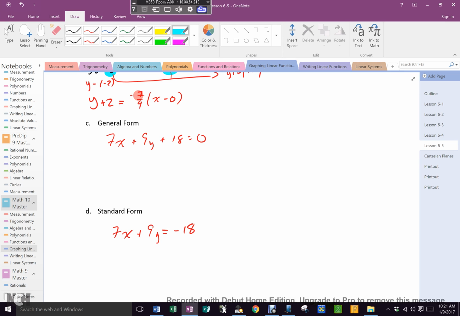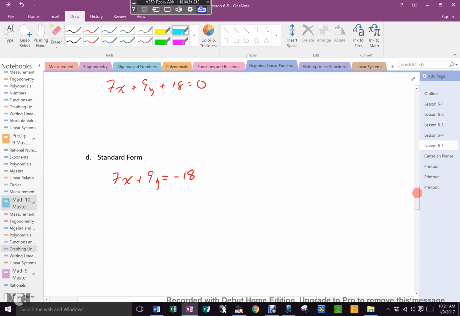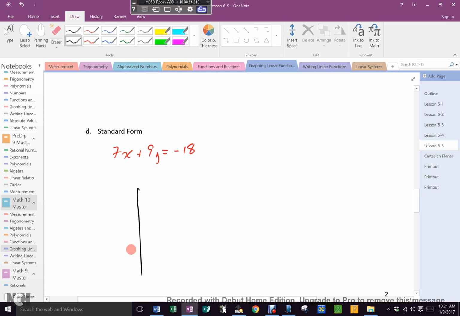Because in point slope form, I can put any number from the graph there, can't I? Any number, yes? Right? And here's what I mean by that. I know I've got a point at 0, negative 2, yes? And I know the slope is 7/9, yes?